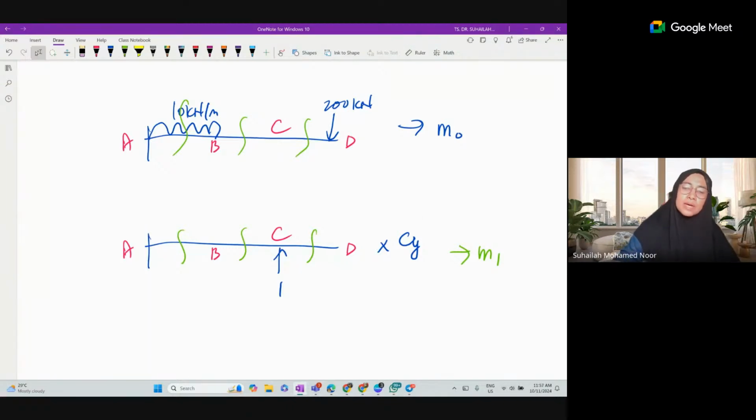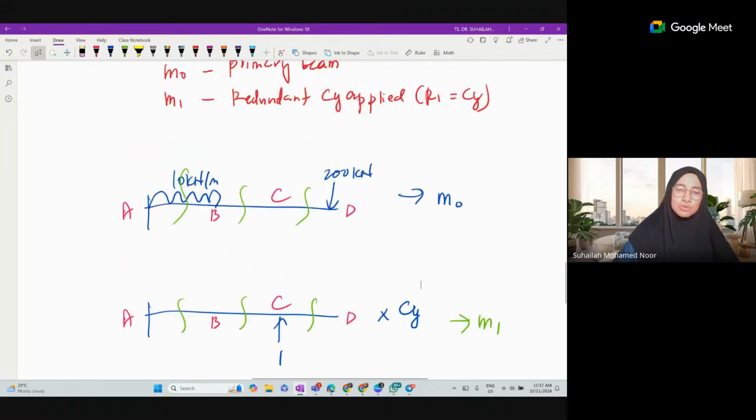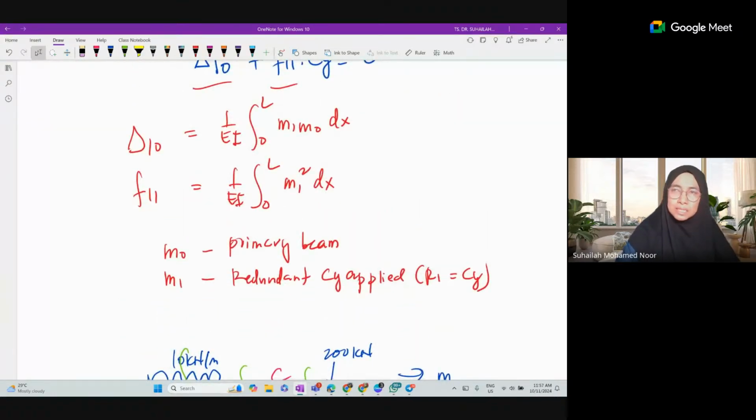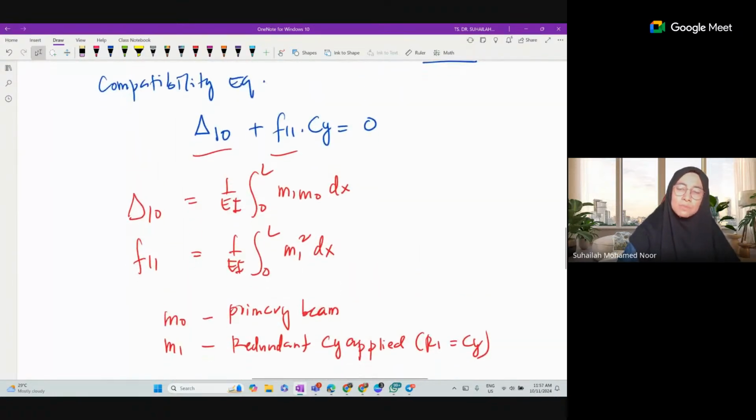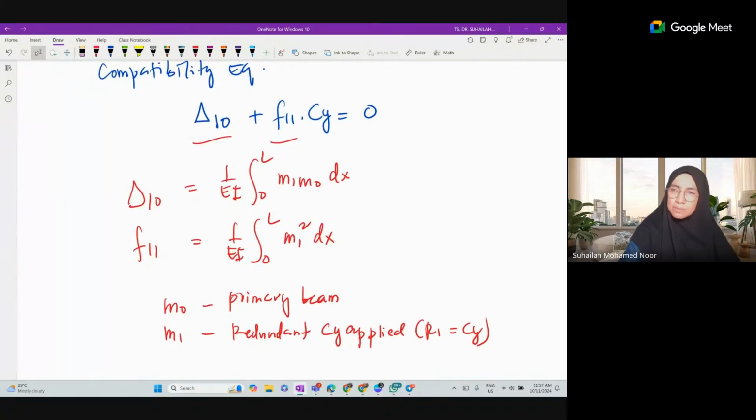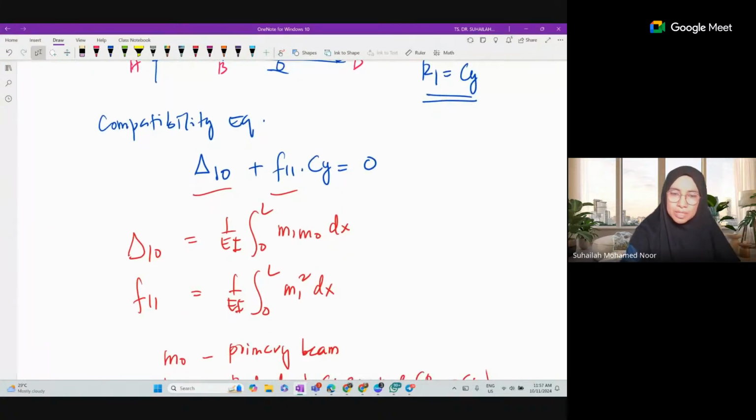We analyze the moment equations M0 and M1 and substitute them into this formula. Once delta 10 and F11 are determined, we put them into the compatibility equation.